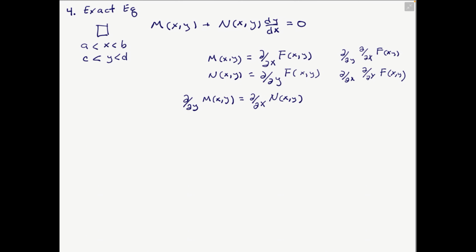So this means if we differentiate M with respect to y, it should be equal to the differential with respect to x of N of x, y. And that's the basis for the method. And if this is the case, then the equation is exact and there's a solution.